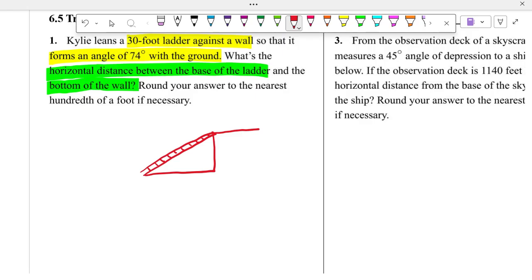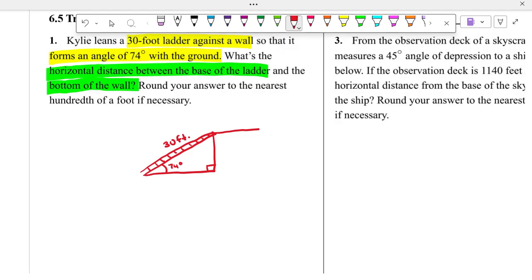They said the ladder is 30 feet. Now, where would the 74-degree angle be? It's with the ladder and the ground. So right here. Because the 90-degree angle would be the ground to the building. Because typically buildings are built perpendicular to the ground.